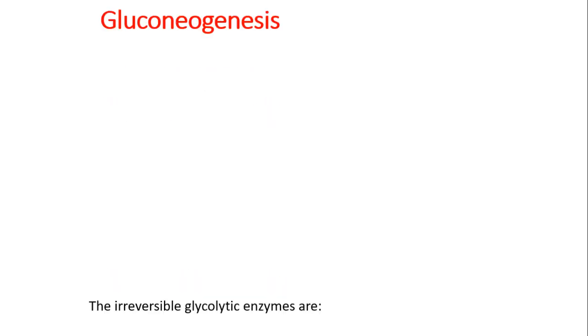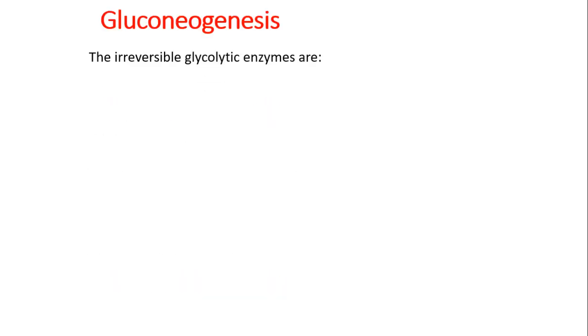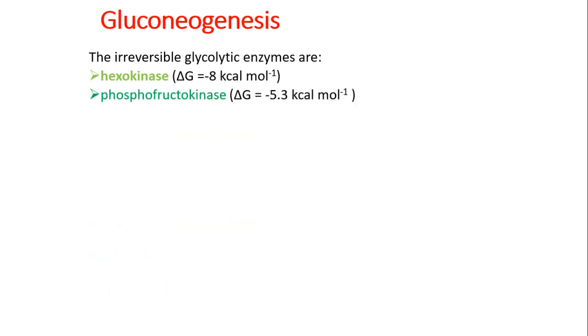Okay, so let's quickly move on and look at some of the enzymes that are involved in the irreversible glycolysis. Okay, so we need to understand that the irreversible glycolytic enzymes are: one, we need to look at the hexokinase; two, we need to look at phosphofructokinase; then we have pyruvate kinase.